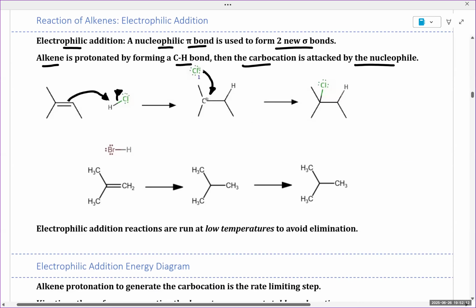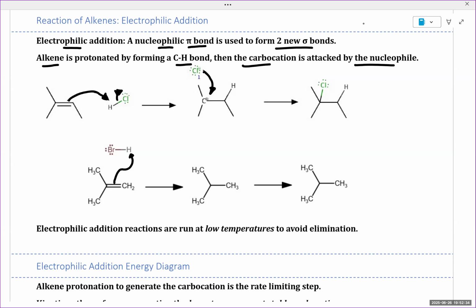To practice this, we have another substrate here, and let's practice drawing the mechanism. One thing I would like you to note is that for electrophilic addition, as we discussed in prior chapters, the protonation is going to occur to make the most substituted, most stable, lowest energy carbocation.